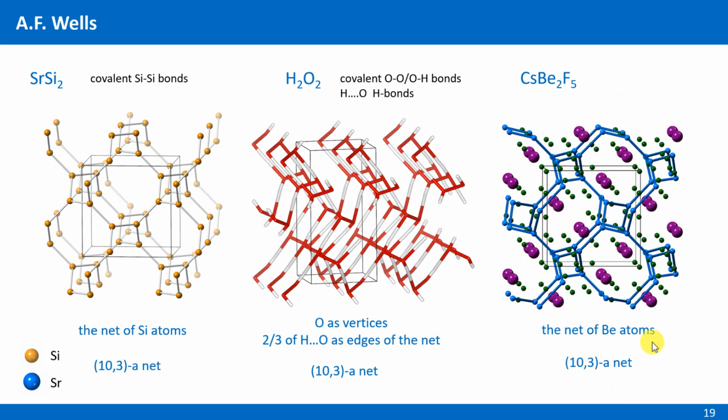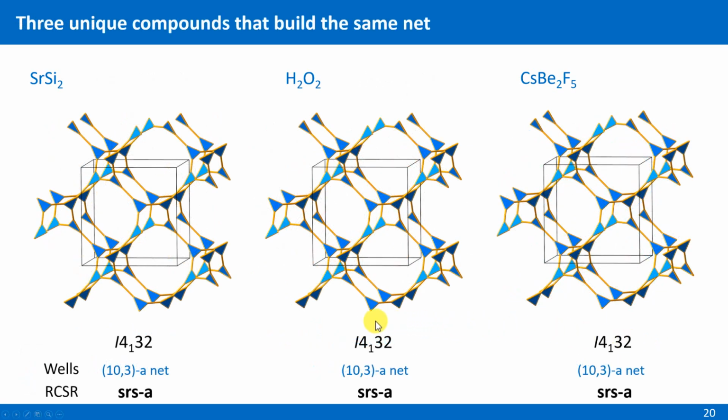And we already know that we should maximize the symmetry of the net, and in turn this gives in all 3 cases the same net with the same space group I4132. 10-3A is the name of Wells, and SRS, set in bold, is another name, precisely from the Reticular Chemistry Structure Resource, in which each net is given a unique identifier, a unique 3-letter code.